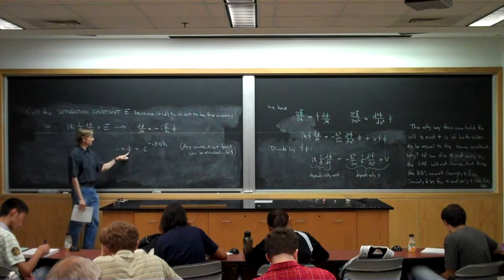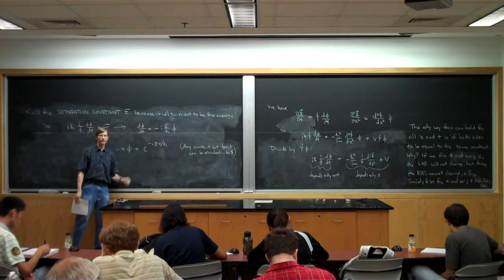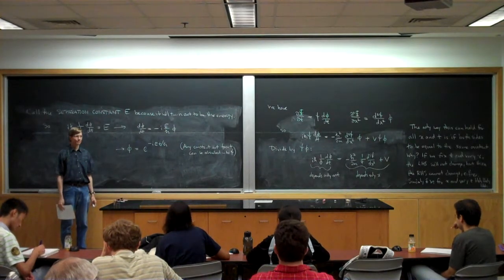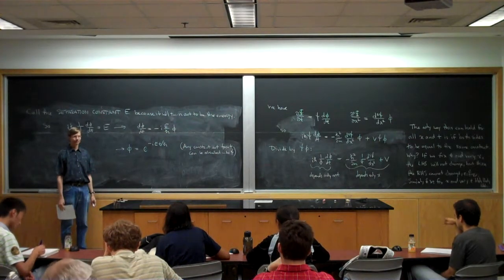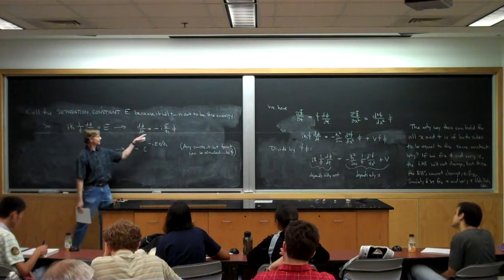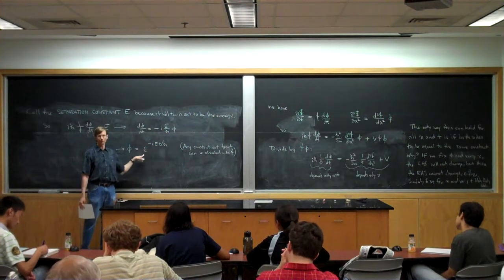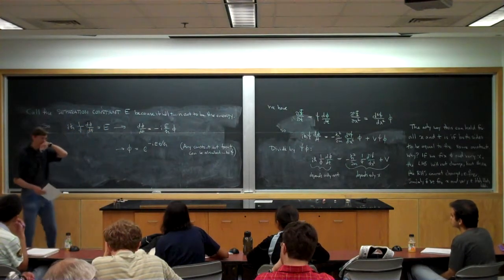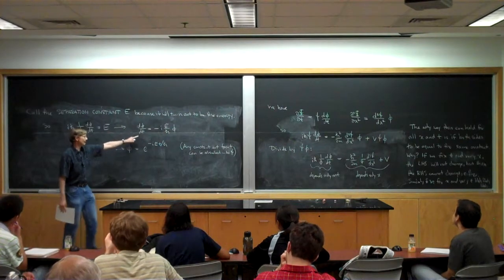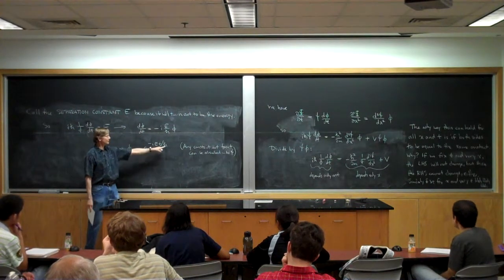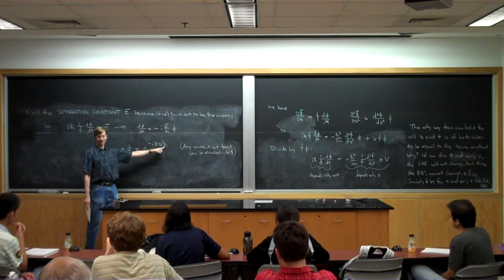Because if I take the derivative of e to the minus i E t over h bar with respect to time, what's d phi dt? Minus i E over h bar times e to the minus i E t over h bar. So it works. This is in fact a solution of the differential equation. If I take the derivative of this, I do in fact get minus i E over h bar times e to the minus i E t over h bar, but that is phi.